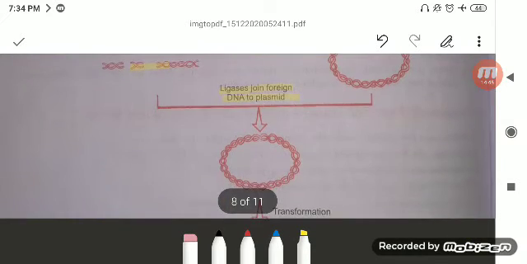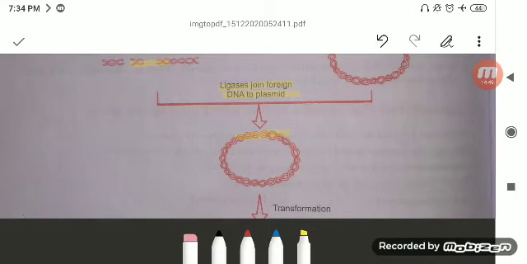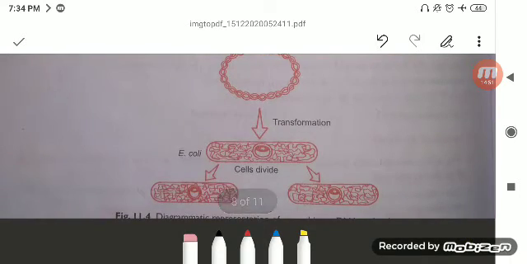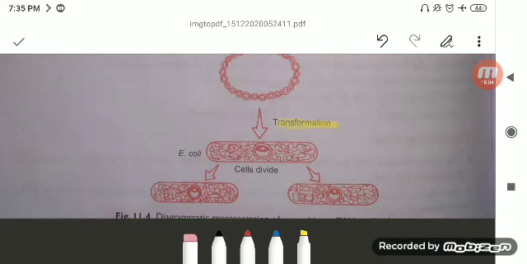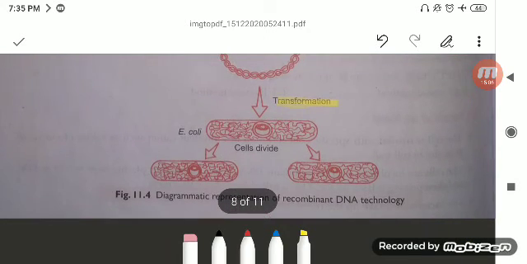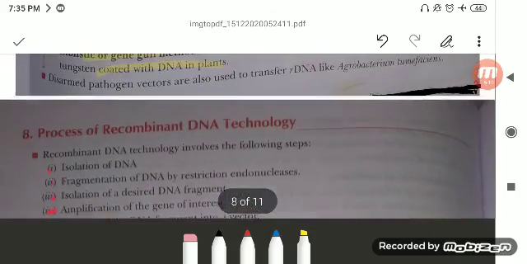Here they are joined, so they form the recombinant DNA, and then it is transformed into the bacterial cells, which is called transformation by the chemical method, and then they multiply and form copies of the desirable gene. So these are the stepwise formations. In our next session we will discuss these steps one by one.